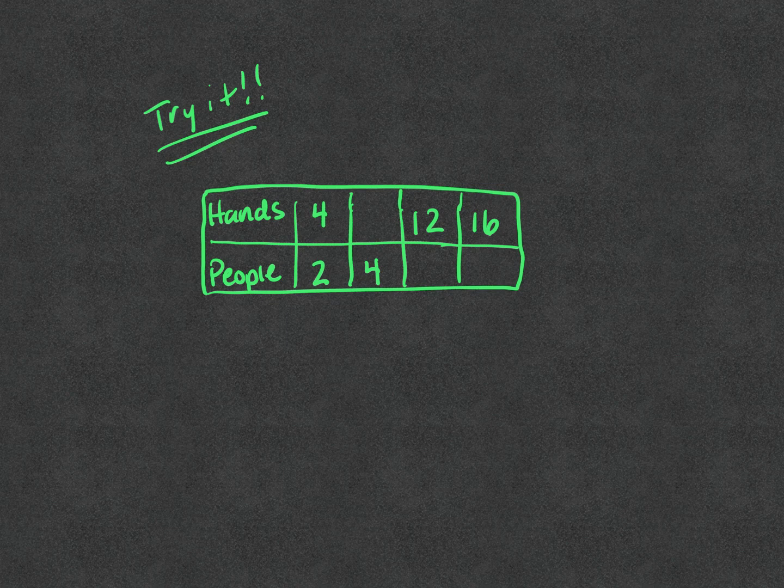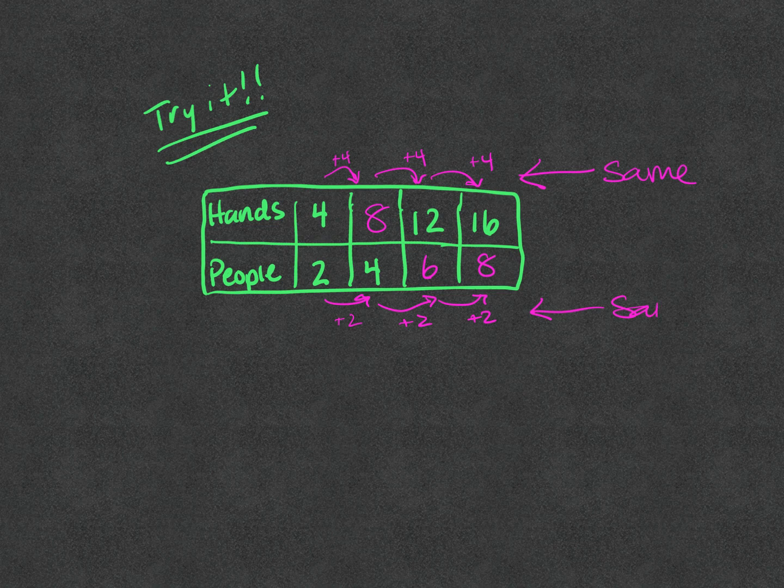Go ahead and try this one, and then I'll pause it and put in the answers. One little hint, you're going to use addition for this one because you can kind of see the patterns. And then I'll give you one more with multiplication. Remember, when you're dealing with addition, these will all be the same, and these will all be the same, okay? That's the difference.